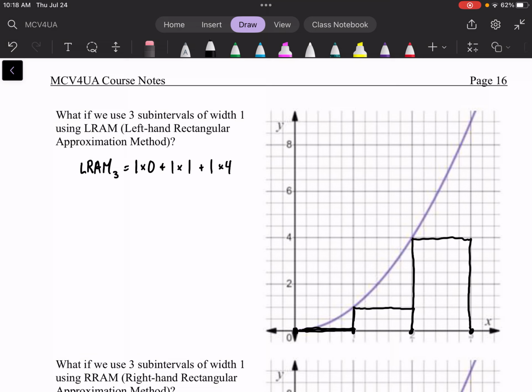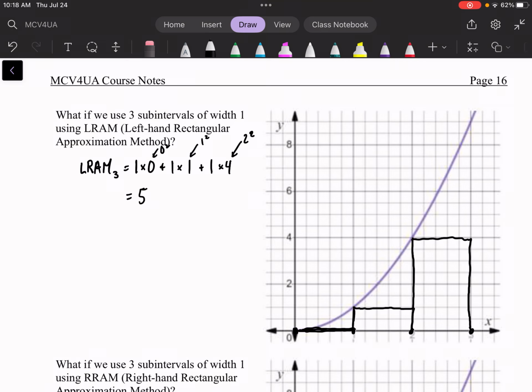You notice these values right here: this one turns out to be 0 squared, this one 1 squared, and this one 2 squared. So this LRAM turns out to be 5, approximately 5.